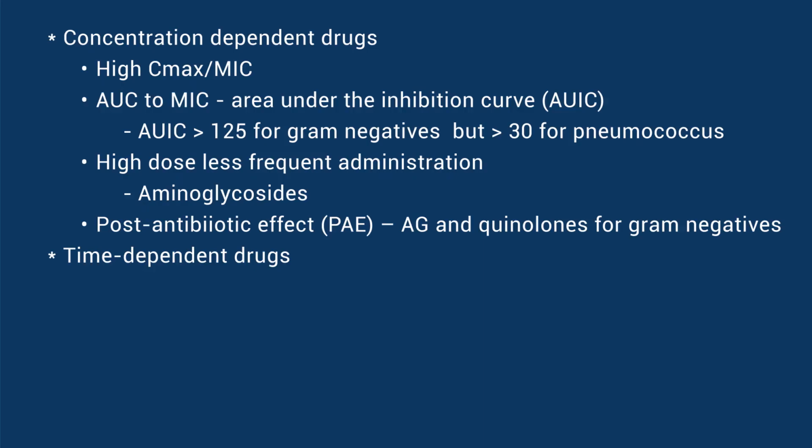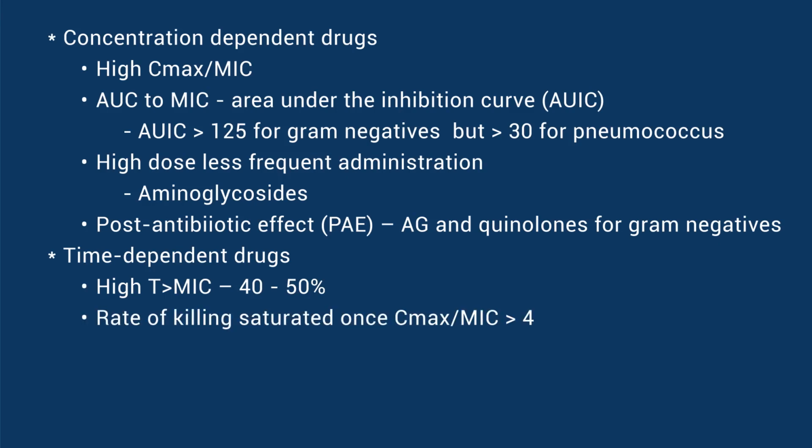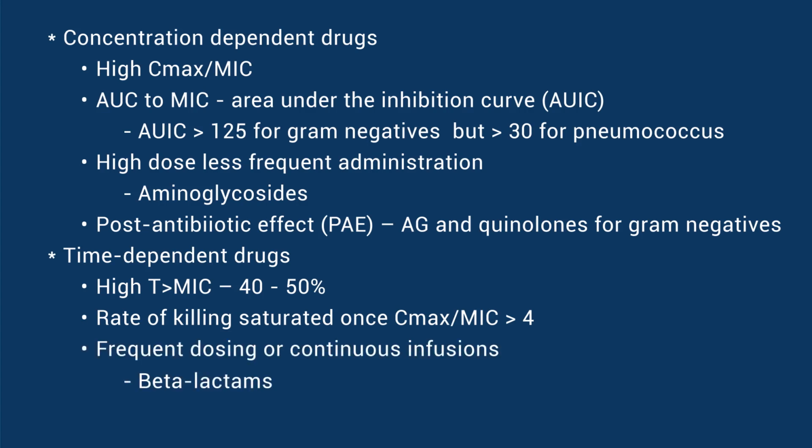The general rule is the infusion time should be 40 to 50% of the dosing interval, which means that if you are going to give 8-hourly dosing, the infusion period should be at least 3 to 4 hours. Therefore, the time above MIC is consistently high enough for us to get maximum efficacy. I've already discussed these things in the previous slide and given you the rationale for utilizing these principles in bedside use.